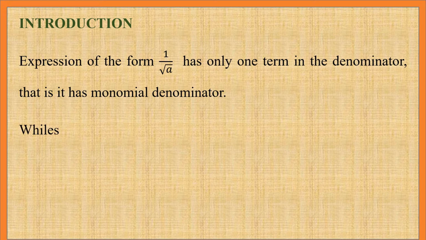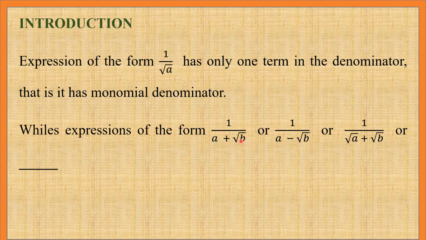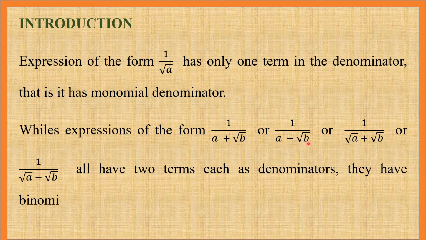Whereas we have an expression of the form 1 over a plus square root of b, or it can be 1 over a minus square root of b, or we can have 1 over square root of a plus square root of b, or we can have 1 over square root of a minus square root of b. We can see that they all have two terms within their denominators. The addition sign separates a and root of b, the subtraction sign separates these two, the addition sign here, the subtraction sign here.